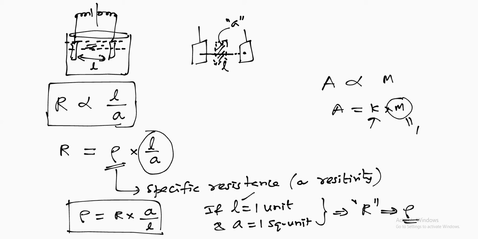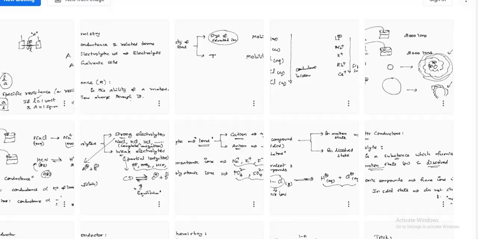If you keep L equal to 1 unit and A equal to 1 square unit, then whatever resistance is offered by this material is nothing but the specific resistance, also called resistivity. Now we'll see what are the units of resistance and specific resistance. What is the unit?